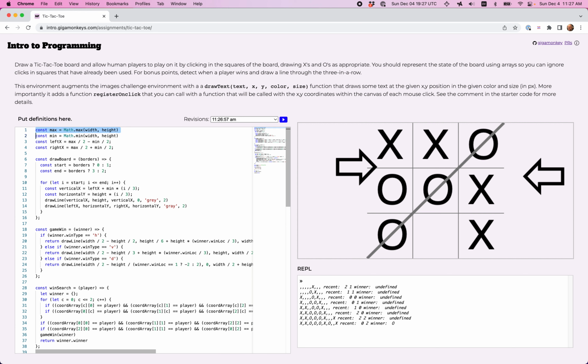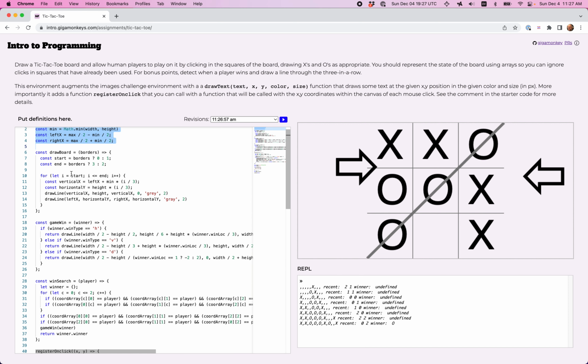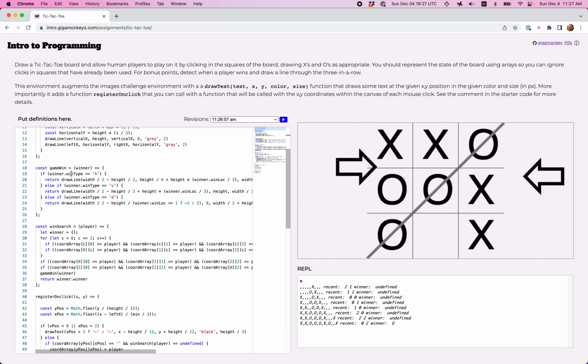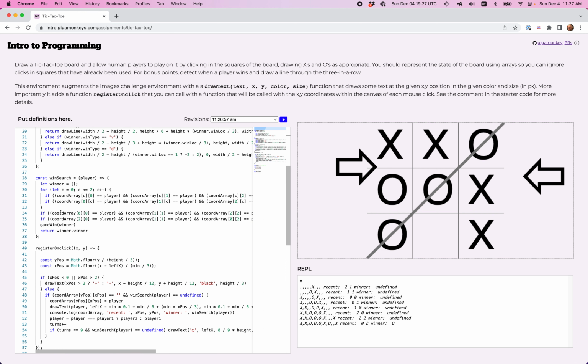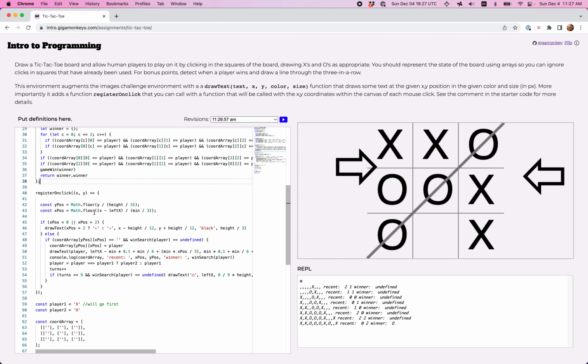We've got some definitions of some constants that are derived from the size of the board, size of the screen. And then we have a function that draws the board based on those constants. A game win that we haven't really looked at. A win search that we haven't looked at in detail, though I guess we moved this variable inside. And then a register on click that we've simplified to use some math.